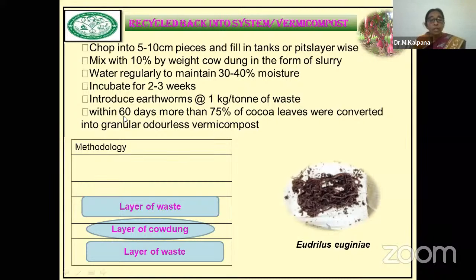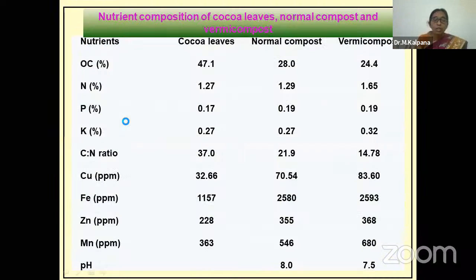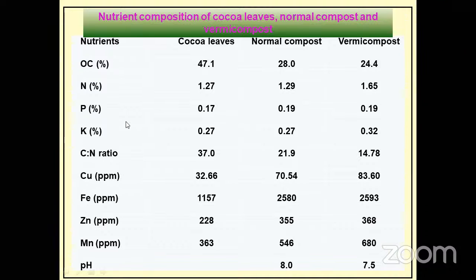So they could obtain a good vermicompost within 60 days. Under natural conditions, cocoa leaves take more than one and a half years for decomposition because of the waxy coating on the leaves.